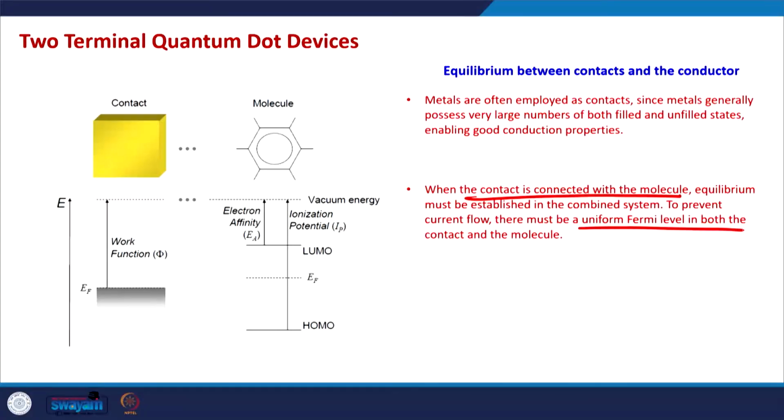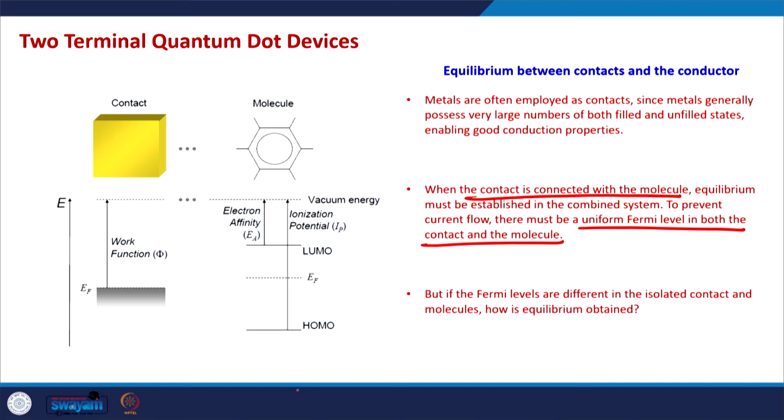So, that is the first basic thing that happens whenever we put any two materials in contact with each other. Very soon equilibrium is achieved, and in equilibrium a uniform Fermi level must be established between both the materials.